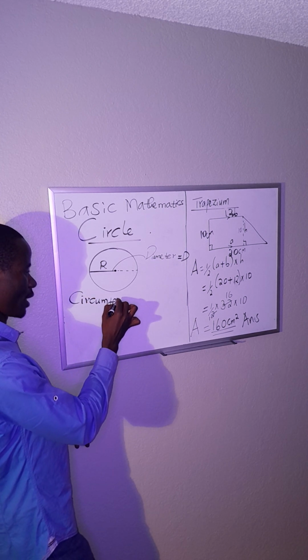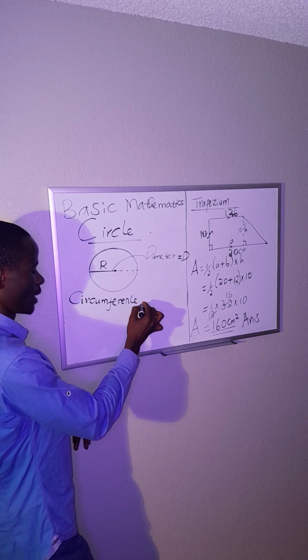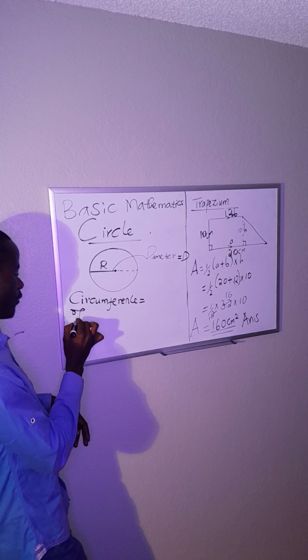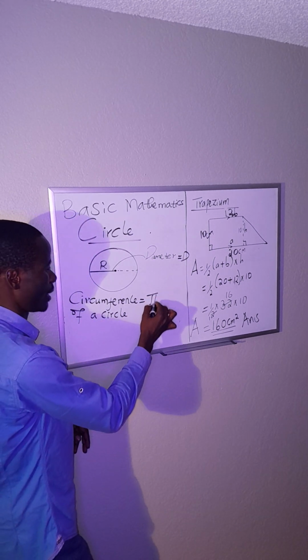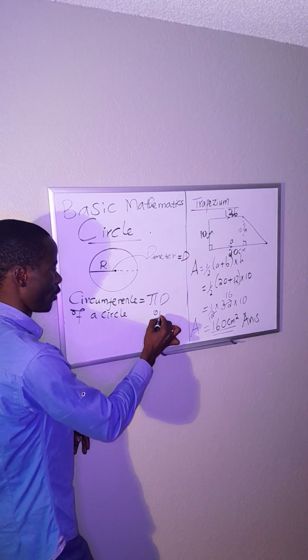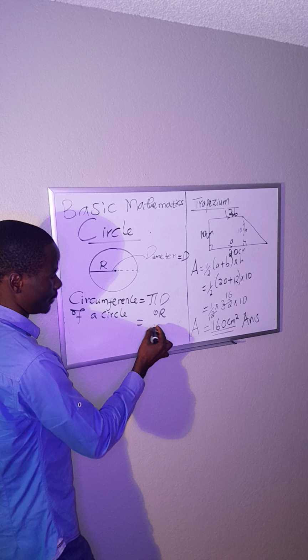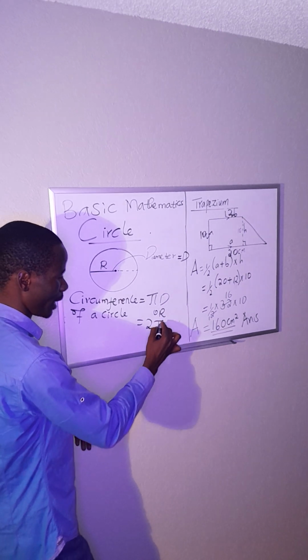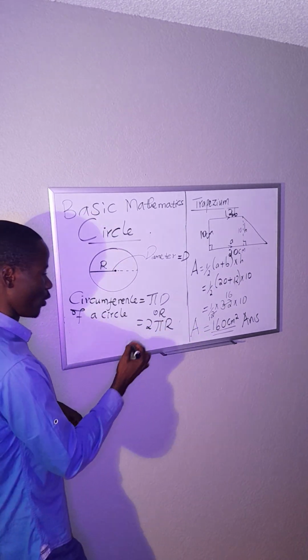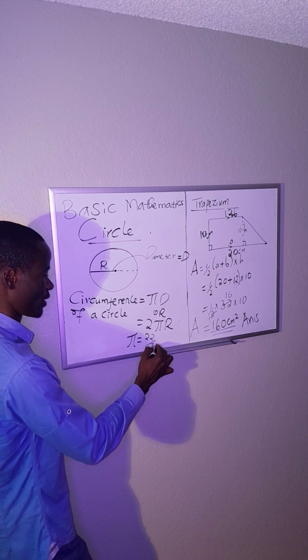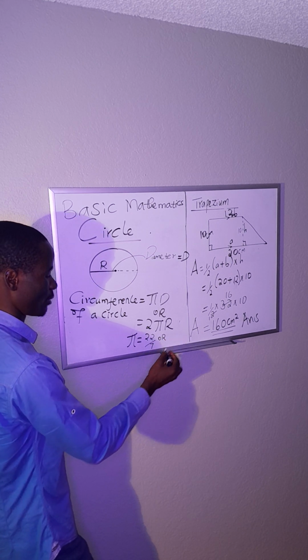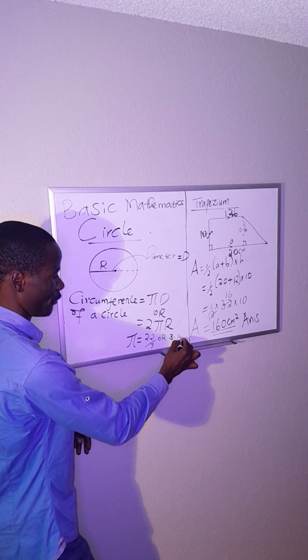The circumference of a circle is given by the formula pi D, or some other people will say 2 pi r. All of us know that pi is equal to 22 over 7, or written as a decimal number as 3.142.